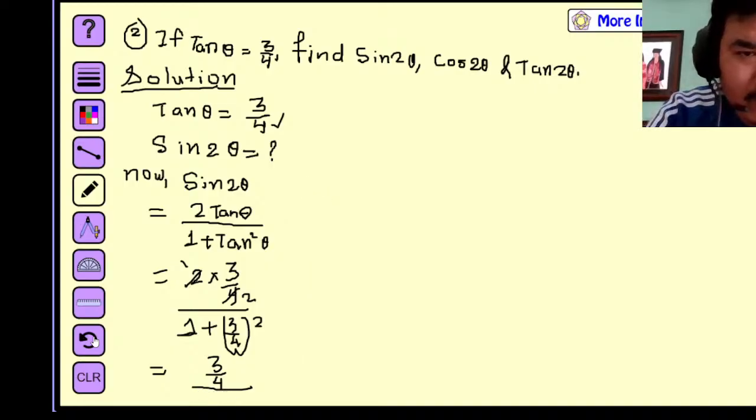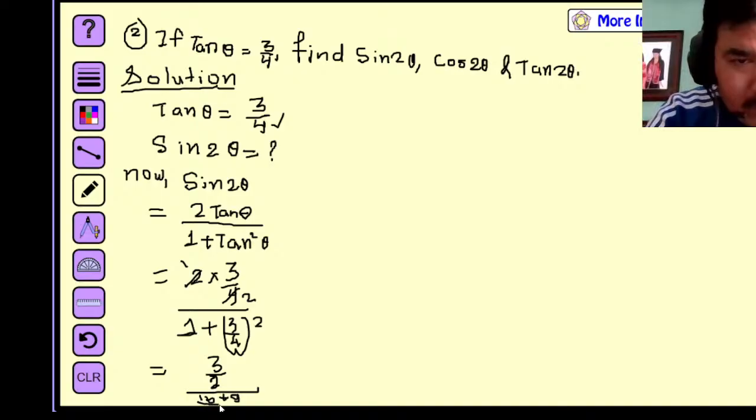We had cancelled, but we wrote there. Look, we had cancelled here the 2. That's why it will be 2 only here. Because we have already cancelled this 2, then we have this 4 for the 16. 16 comes here. This is 16 plus, and here will be 9.